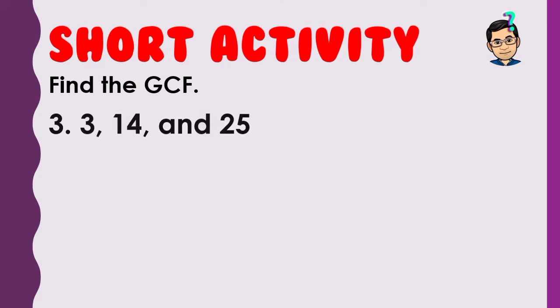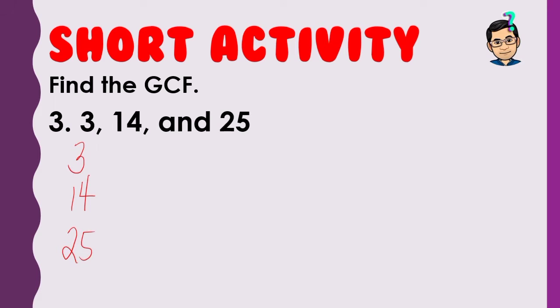So let's have the third example. We have 3, 14, and 25. Using the same process, list down the factors of 3, 14, and 25. For 3, since 3 is a prime number, its factors are only 1 and itself. For 14, we have 1, 2, 7, and 14.